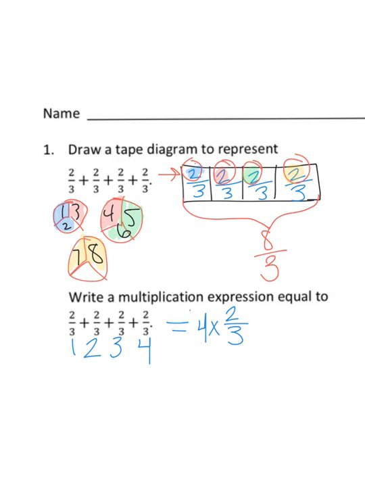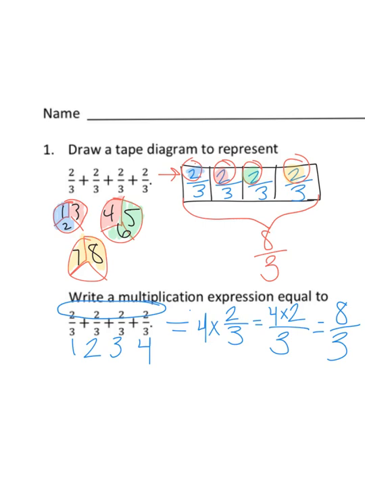So if we keep looking at this, when we're adding 2 together 4 times, that's the same as saying 4 groups of 2, or 4 times 2. But remember, when we looked above, the denominator never changed. We're still looking at how many thirds we have. We just have 4 times 2 thirds. So 4 times 2 is 8, and we still have 8 thirds.